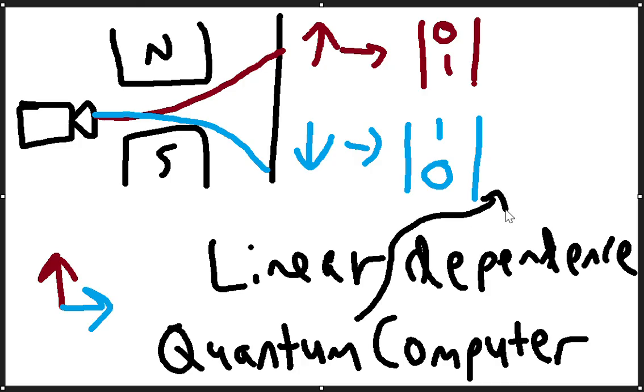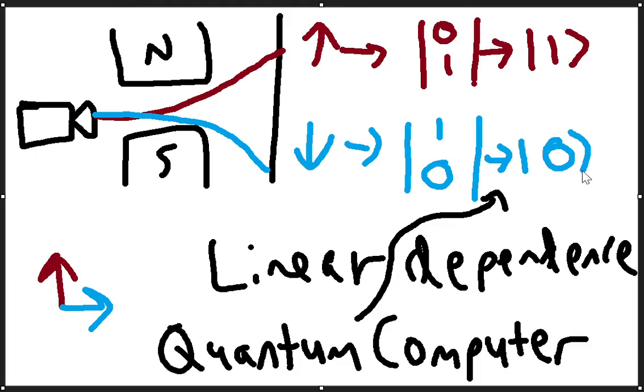Like in normal computers, you might have a 1 and a 0. Well, in quantum computers, these are represented exactly like this. So you have the 1 vector, which is just 0, 1. And you can have the downward, the 0 vector. It's not really a 0. Let's just call it a 0 because of how computers work, because you can only have 0 or 1.